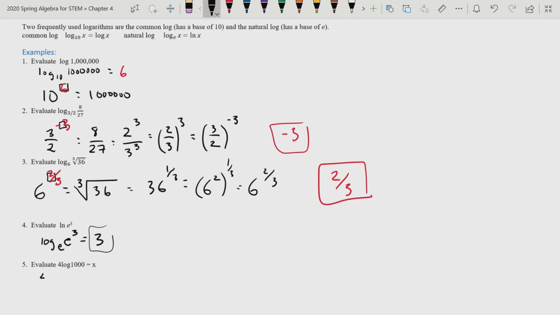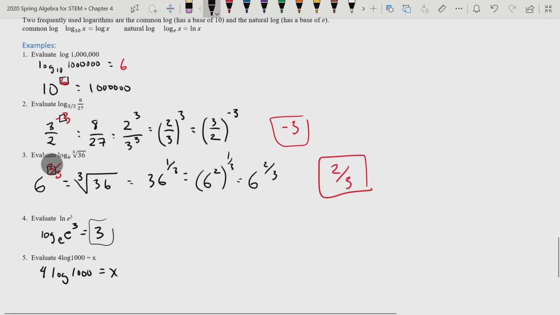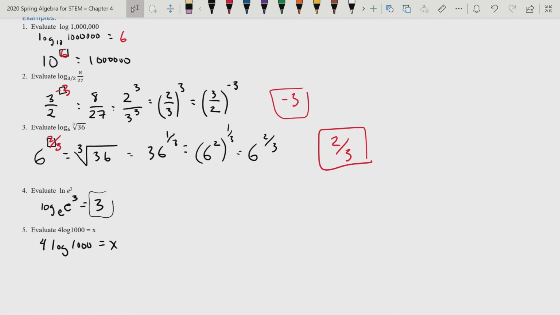Here we have 4 times a common log of 1,000 equals x. If we solve for the logarithm, we divide both sides by 4. This cancels with this, and I get the log of 1,000 equals x over 4.